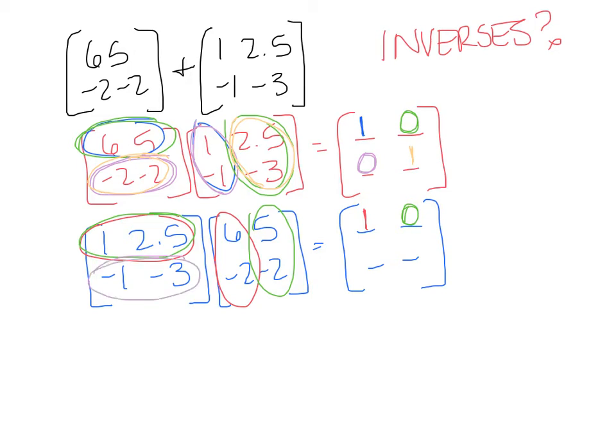Now row 2, column 1, and that's going to give us -6 and +6, which is 0. And row 2, column 2 gets us -5 and +6, which is 1. So because we got the identity matrix for both of these two things, we can say that yes, they are inverses.